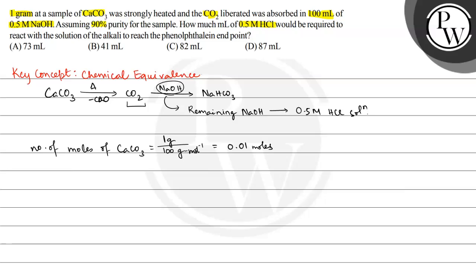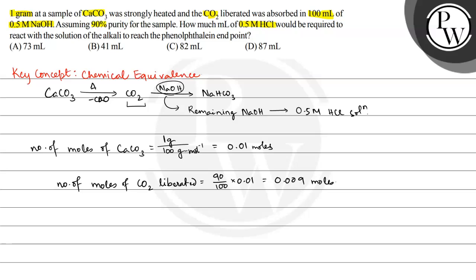Alright, so number of moles of carbon dioxide liberated is equal to 90 divided by 100 multiplied by 0.01, that is 0.009 moles. Alright, this is the number of moles of carbon dioxide liberated.